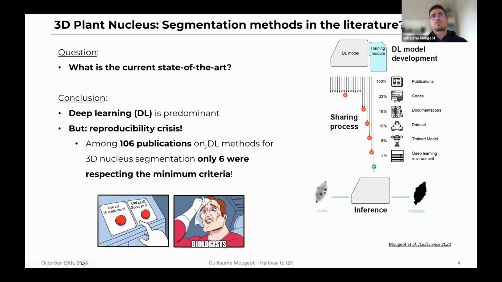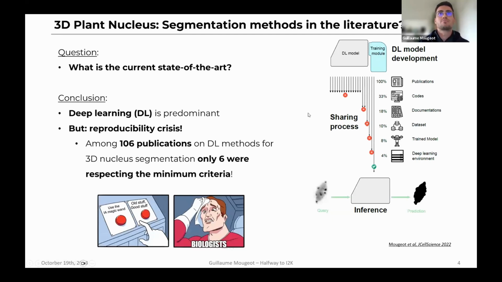At the beginning of this project, I made a quite significant survey of the literature on the state of the art in this segmentation problem. We found that a lot of deep learning methods were actually not reproducible.